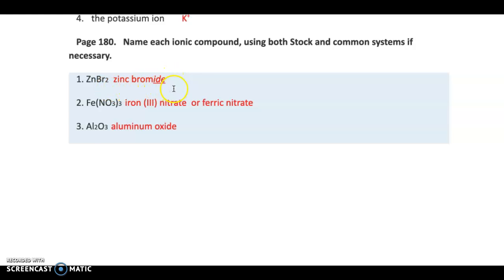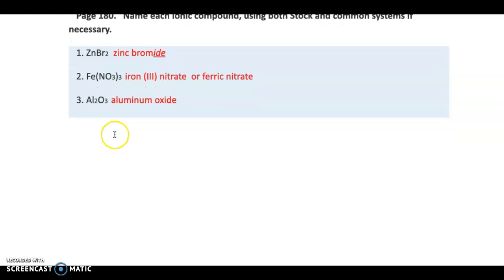Bromine changes to ide. Next one, you have iron and nitrate. Iron is a transition metal. You have to identify what is the charge of this iron. In order to do so, you need to know the charge of your nitrate. Nitrate you need to memorize. It's -1 always. And iron can be +2 or +3.